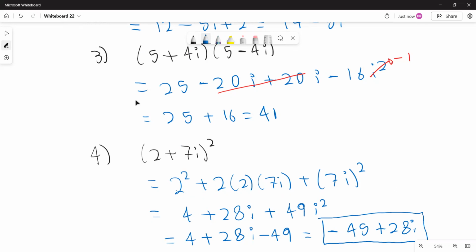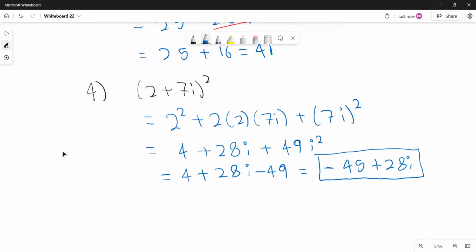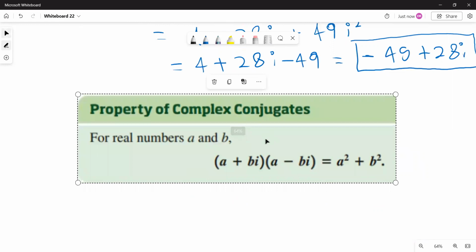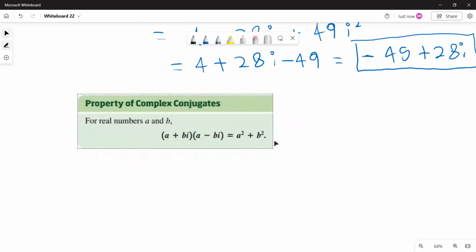Okay, so example 3 was an example of complex conjugates, where we multiply two numbers with the same real part and opposite imaginary parts, and the answer ended up being a real number. So that's on page 109.